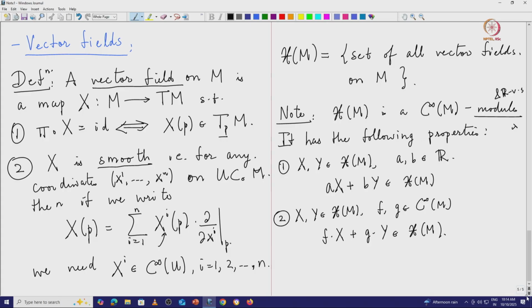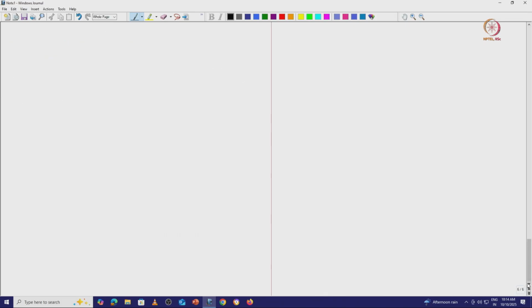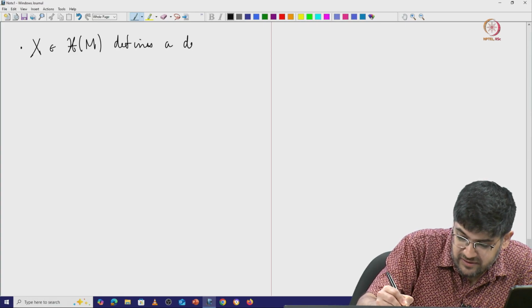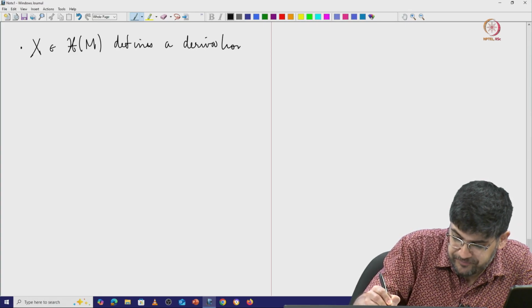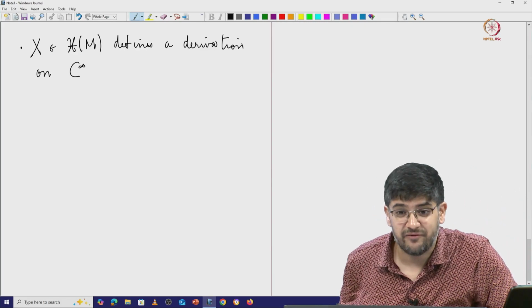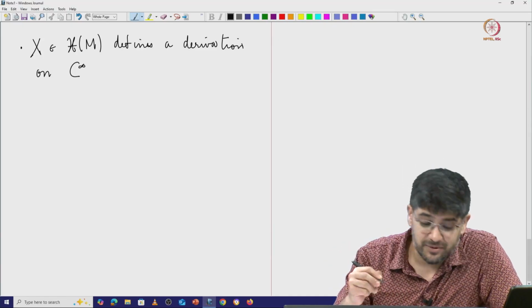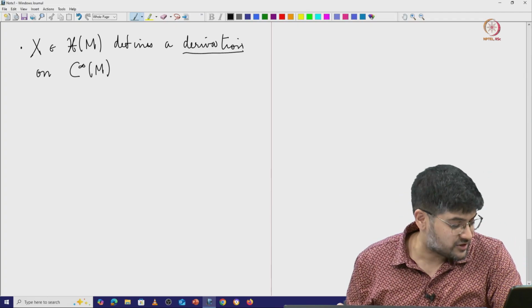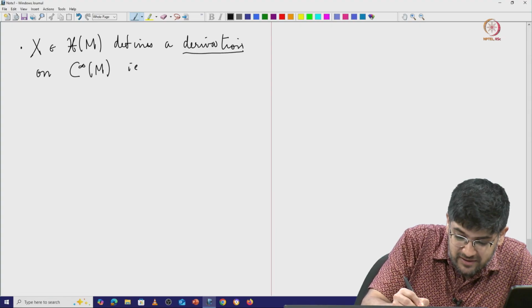So another point to note is that X defines a derivation. So we already saw a definition for what a derivation on the set of germs means, but in fact X defines a derivation on the space of smooth functions. So what do I mean by that?